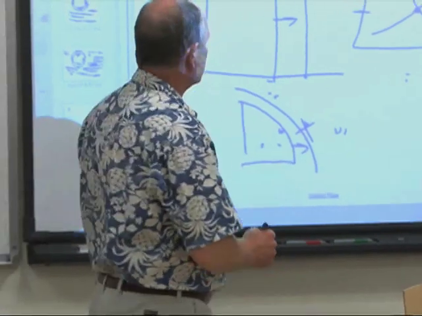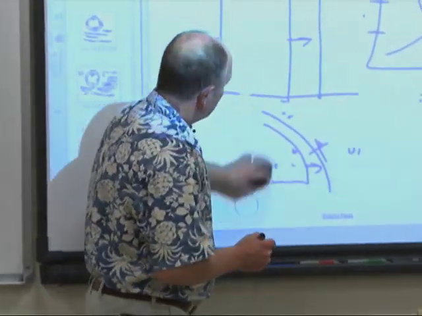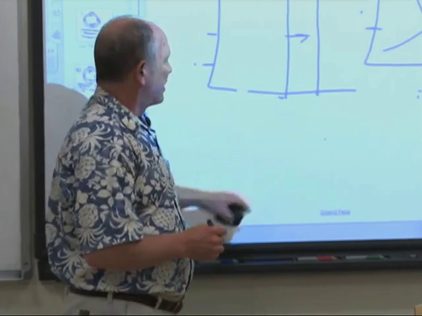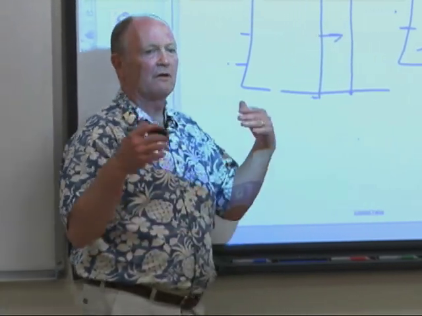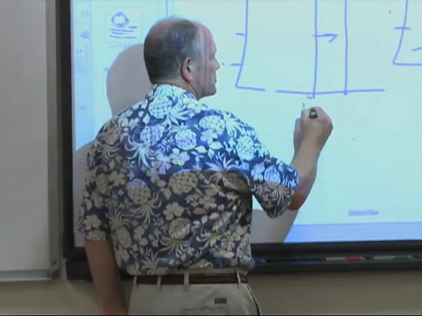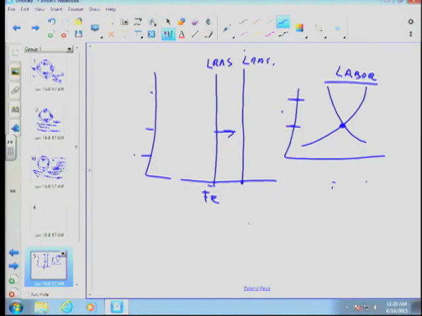So what we say is that long-run aggregate supply represents the most efficient output of the nation under conditions of full employment. It is the full employment level of real GDP.